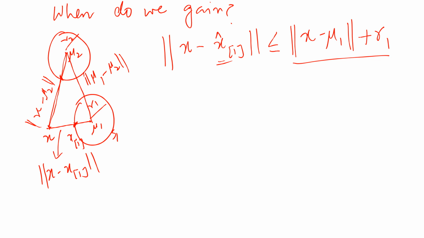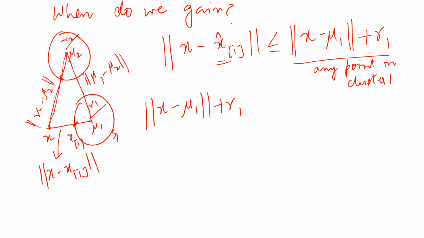Now, any point within this cluster 1, right? So if we are somehow able to establish that ||x - mu1|| + r1 is always less than the distance to any point that's nearest to x in my cluster 2, like this thing here, we know that this entire distance is ||x - mu2||, and if I subtract this r2 from that, then I get the distance of any point, maybe x star or whatever you like to call it, from x.